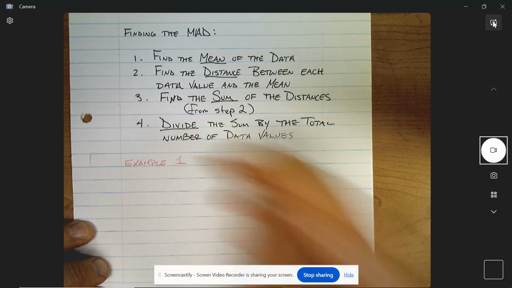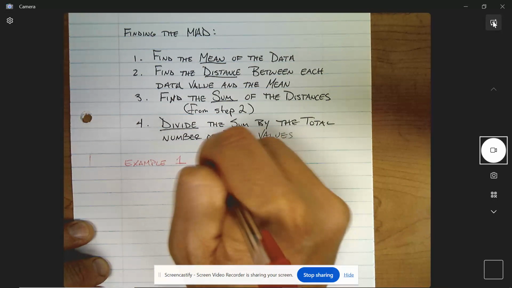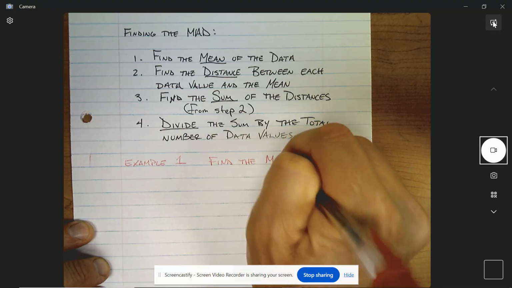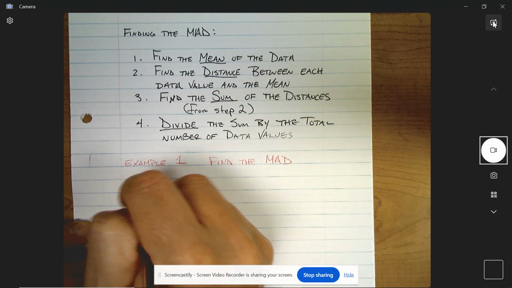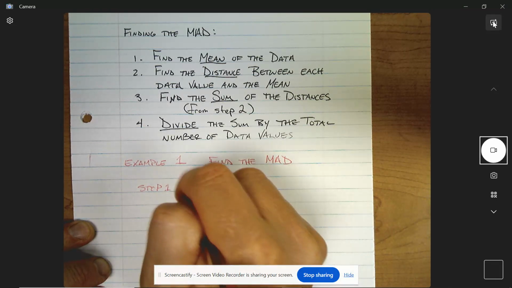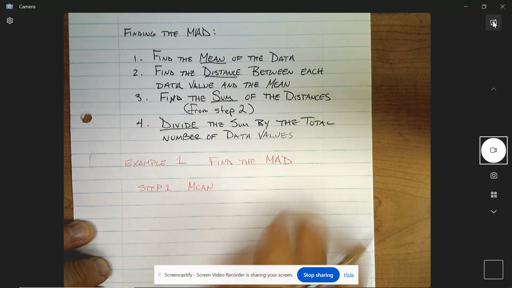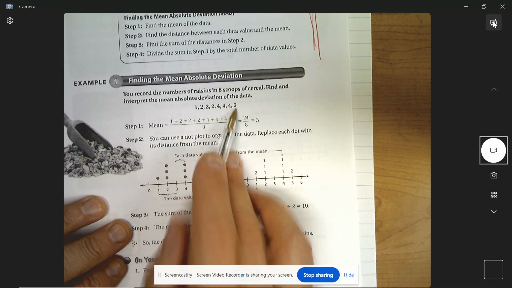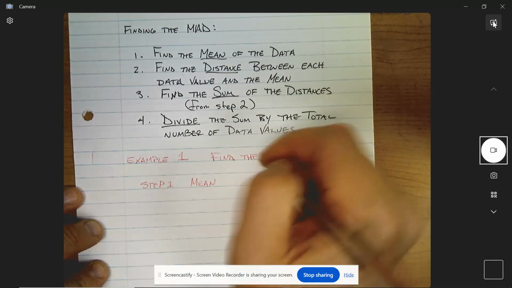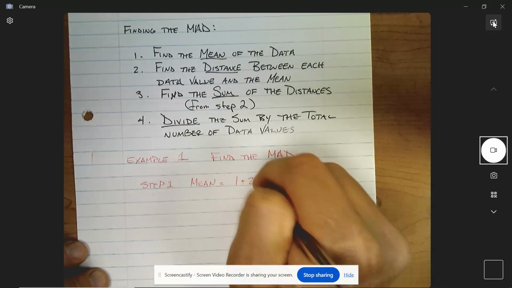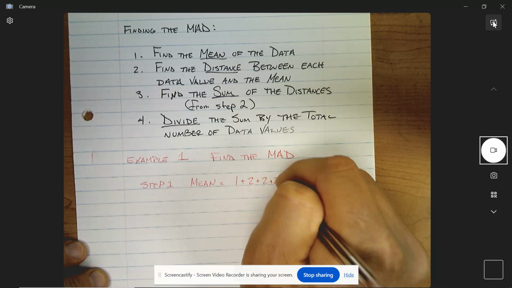This is example 1. Find the mean absolute deviation. Step 1. We're going to find the mean. So here's my list of numbers. 1, 2, 2, 2, 4, 4, 4, 5. I'm going to add those up. 1 plus the 2's.